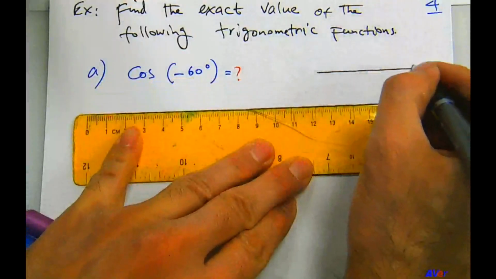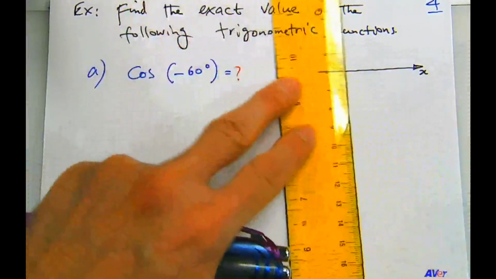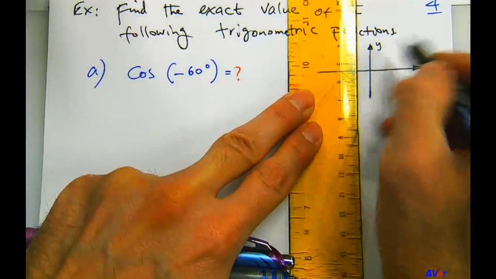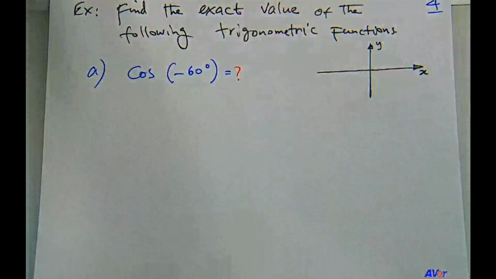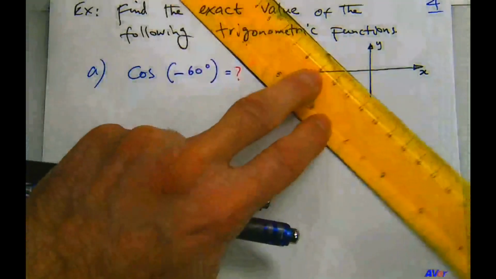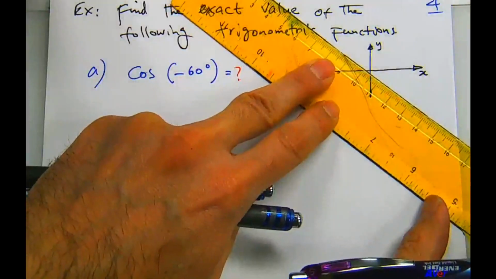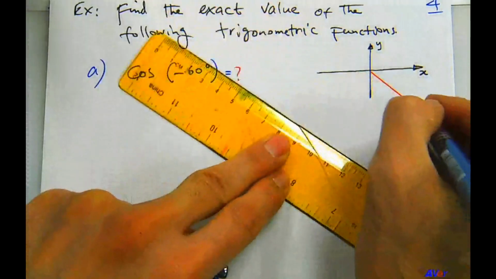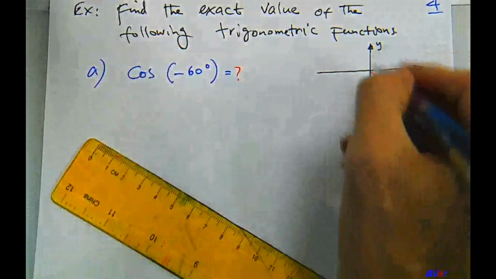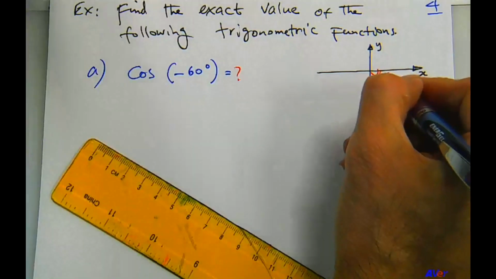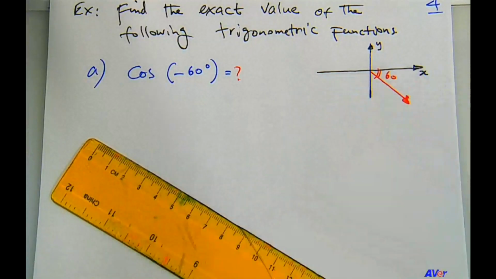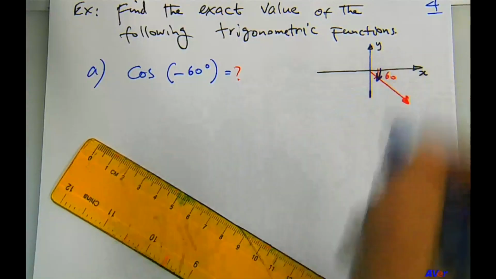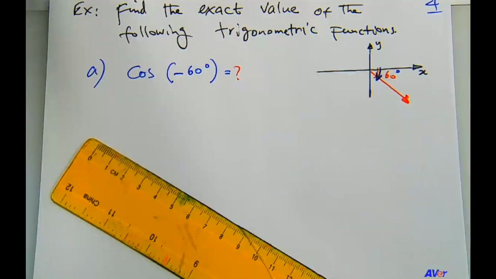So we have that. And this. And then minus 60 degrees would be somewhere here, like that. So this would be 60 degrees, and the movement is in the clockwise direction, that way, 60 degrees.